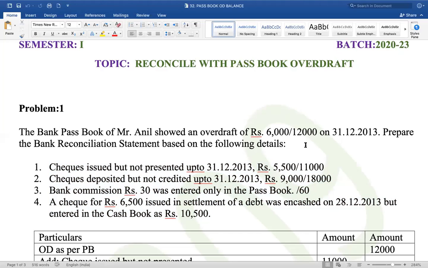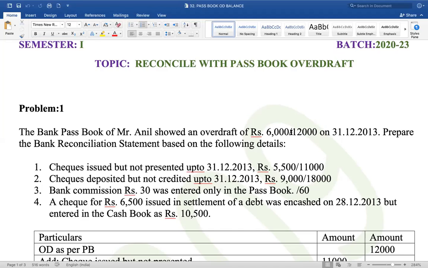Now for everything, I have given you two figures. Let's say 6,000, 12,000; 11,000, 5,500; 18,000, 9,000; 30, 60. Like that, I've given you two figures. I will pick up one figure here and show you, and you will tell me the next figure.